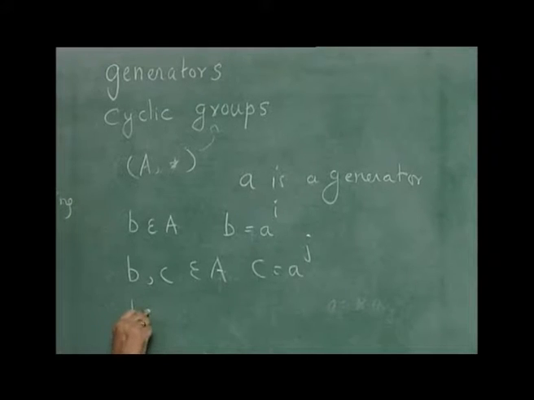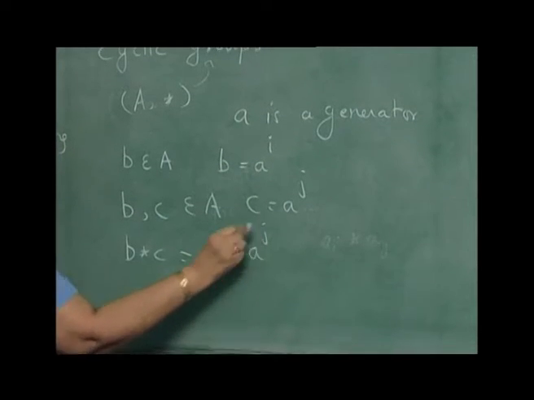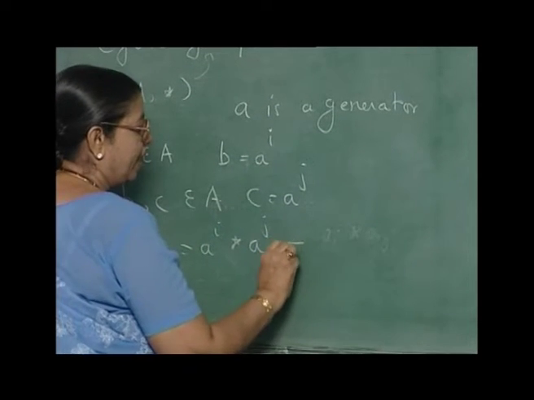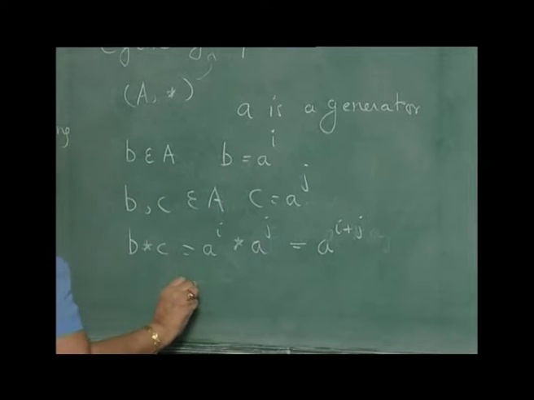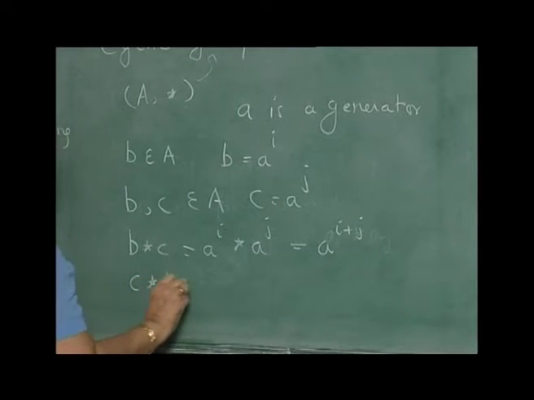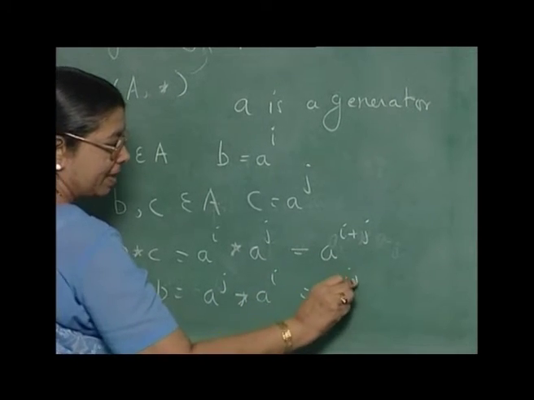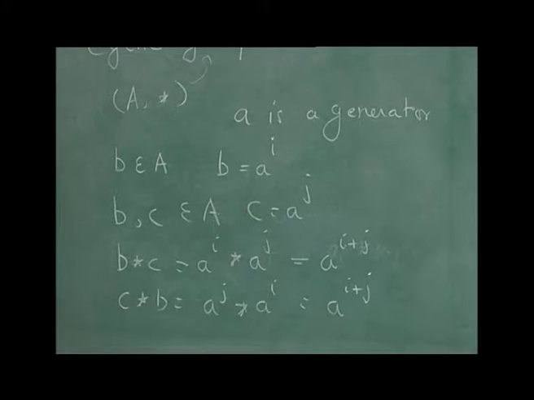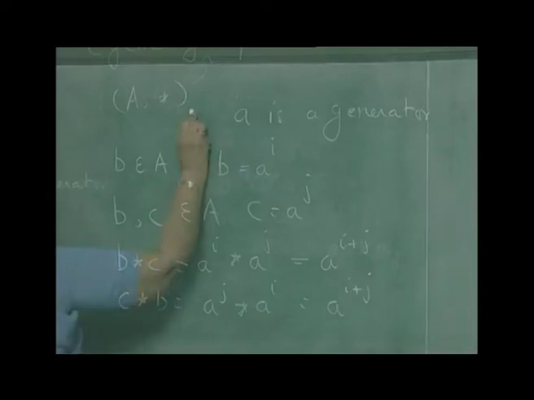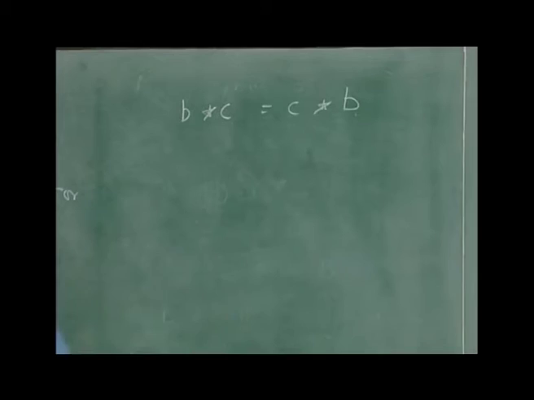So, what can you say about B star C? B star C will be A power I star A power J, that you can write as A power I plus J, and that is the same as C star B, that is A power J star A power I, equal to A power I plus J. From this you get that if you take any two elements, B star C will be equal to C star B. That is, the group is commutative.